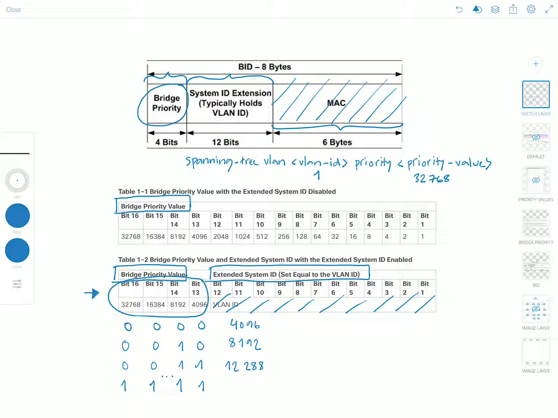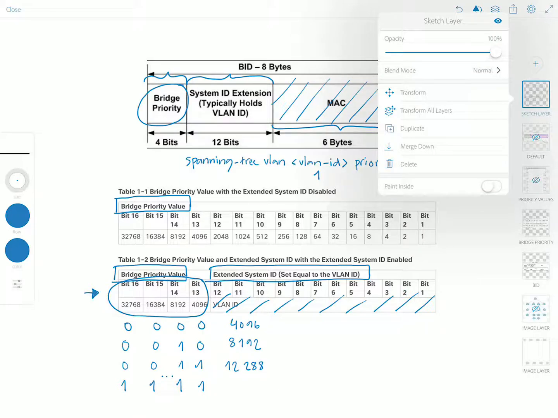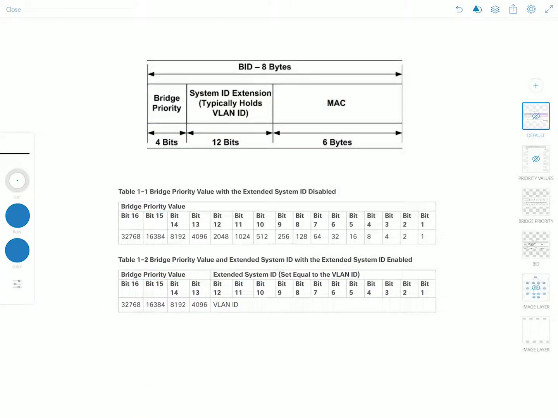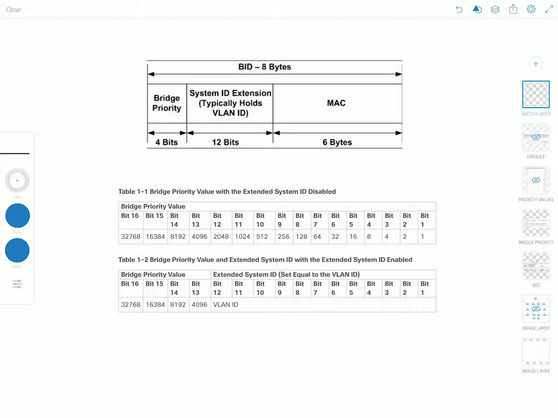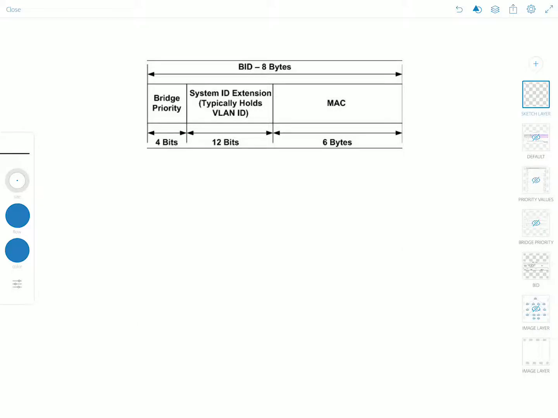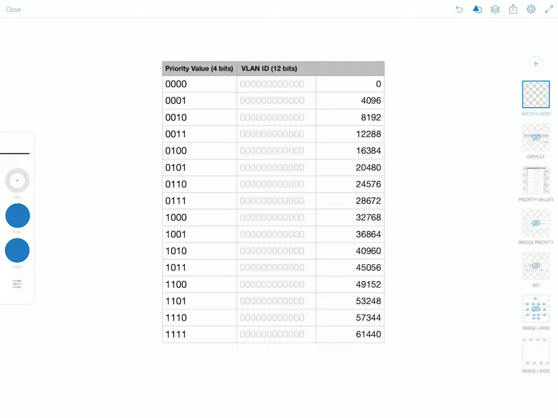But now let me get rid of this information and I'm gonna show you another table. So this table lists all the possible values and their equivalent in decimal. I've used all zeros and grayed out the extended system ID or the VLAN ID bits so we can focus on the bridge priority.